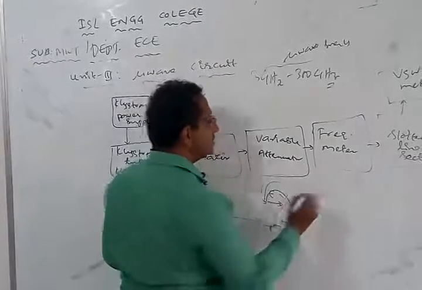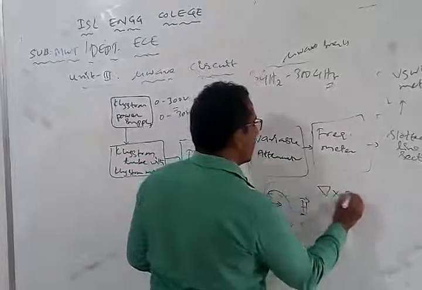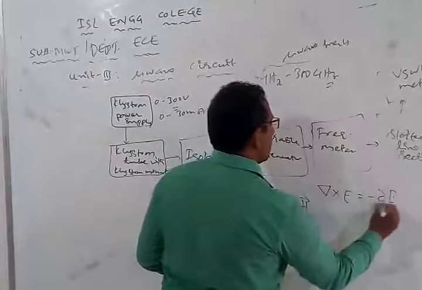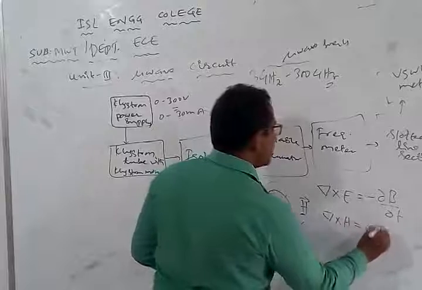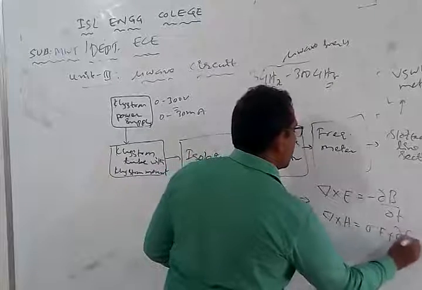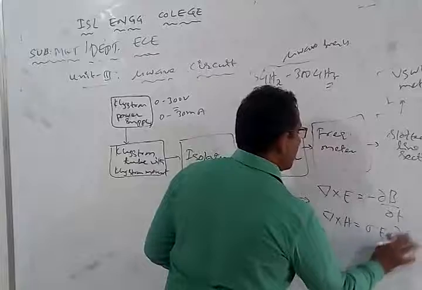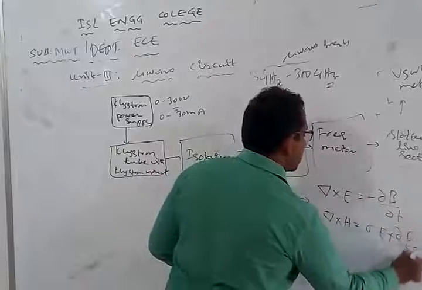We already discussed two very good equations: del cross E is equal to minus dou B by dou T, and del cross H is equal to sigma E plus dou D by dou T. These two are Maxwell's equations.